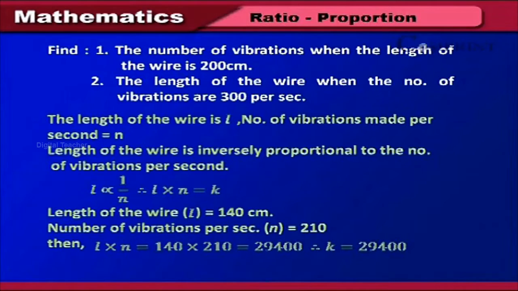Solution. The length of the wire is L. Number of vibrations made per second is N. Length of the wire is inversely proportional to the number of vibrations per second. L inversely proportional to 1 by N. Therefore, L into N is equal to K. Length of the wire L is 140 centimeters.